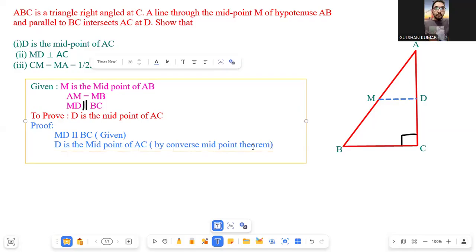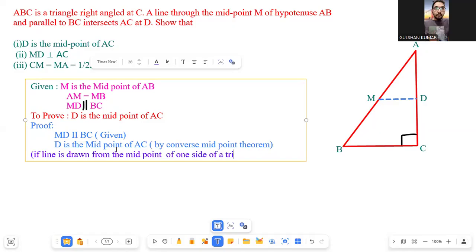Let me write it here. The converse midpoint theorem is: if a line is drawn from the midpoint of one side of a triangle parallel to the second side, it will bisect the third side.